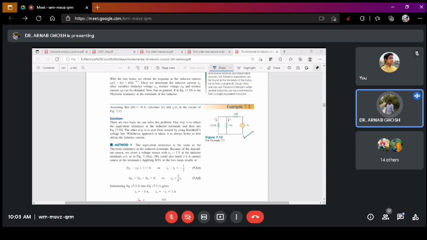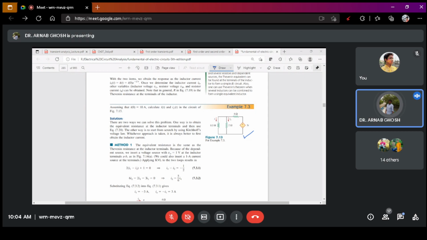As the current decreases, the voltage across the inductor also decreases. So in an RL circuit we apply KVL, summing the voltage across the inductor and the voltage across the resistance, and the summation will be equal to 0.